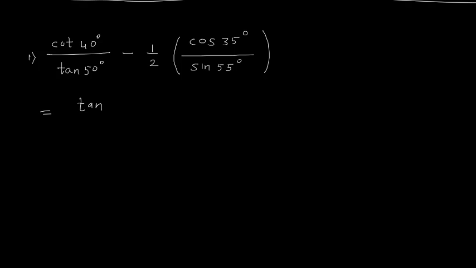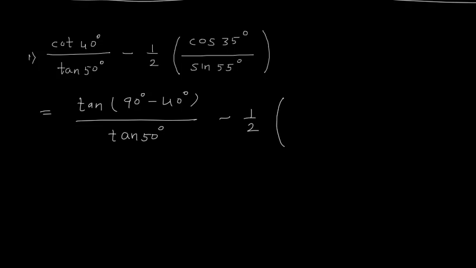I will write tan of 90 degree minus 40 degree divided by tan 50 degree minus half. This cos I will convert in sin, so it is sin of 90 degree minus 35 degree upon this sin I will write it as it is.